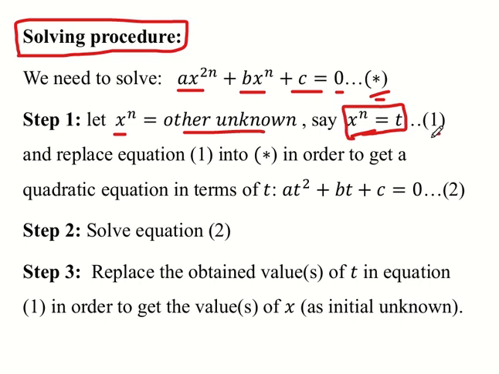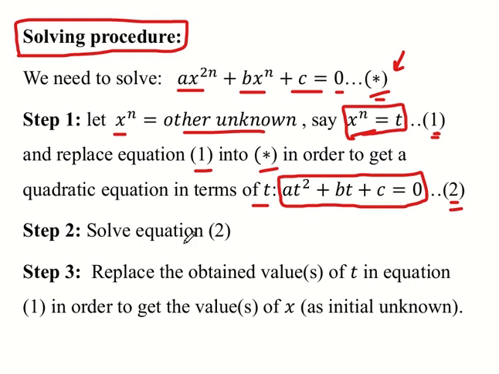This is equation 1. Replace equation 1 into equation star in order to get a quadratic equation in terms of t. This quadratic equation is at squared plus bt plus c equals 0, and this is equation 2.